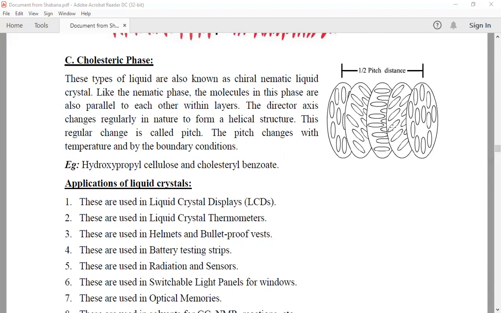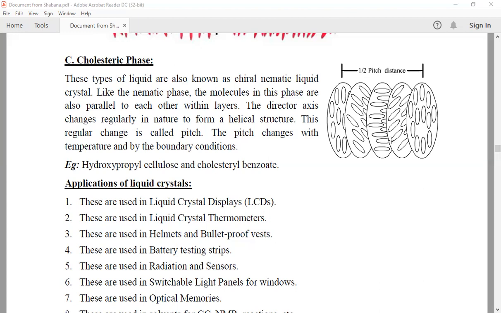The director axis changes regularly in nature to form a helical structure. This regular change is called pitch. The pitch changes with the temperature and by the boundary conditions. The best examples are cholesterol benzoate and hydroxypropyl cellulose.